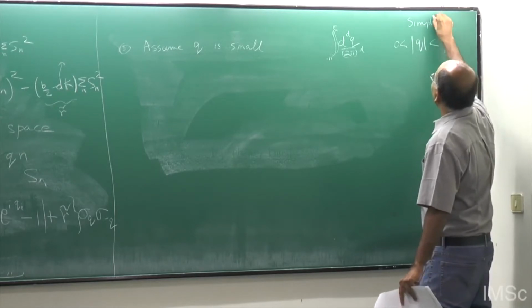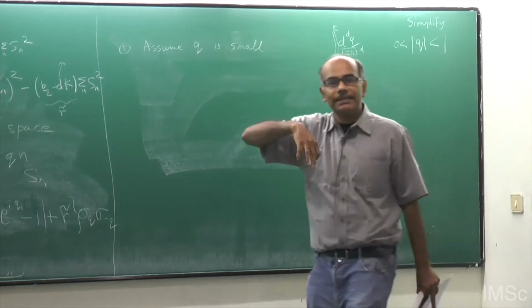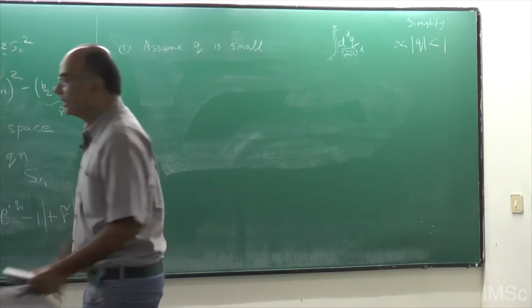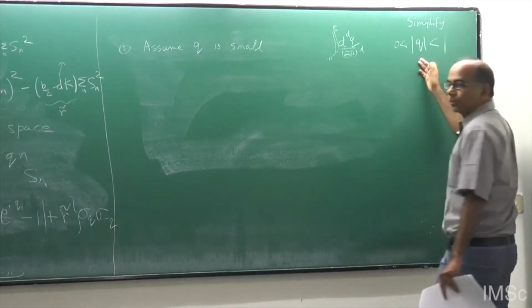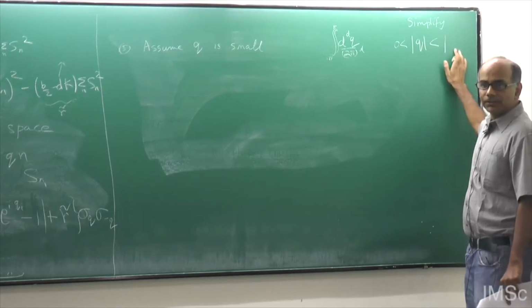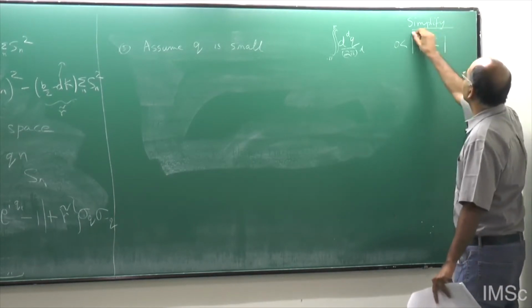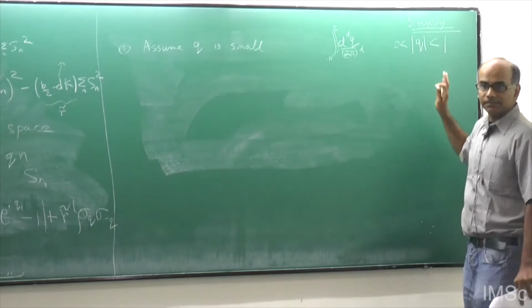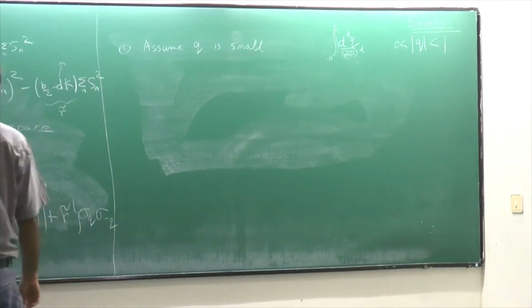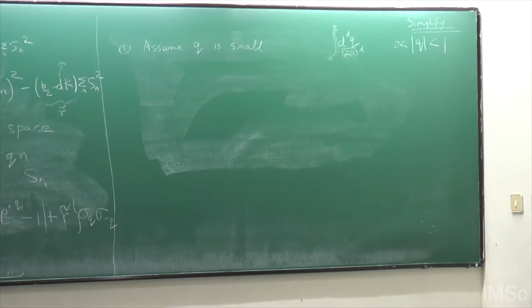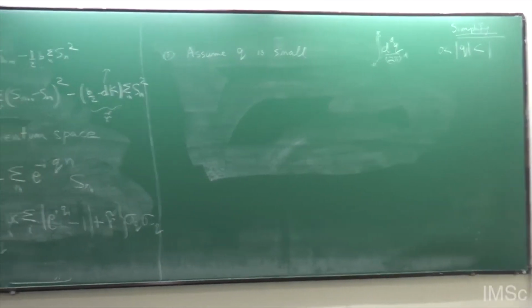All these things are not very essential. I mean, you can put back the pi's and all that. But just to make life simple, if you want, you can think of this as redefining your Q. But let's just say 0 is less than Q is less than 1. Just a simplifying assumption. There's no physics in this. Just to keep the calculations and algebra simple. Because we're going to make a lot of simplifying assumptions to simplify the algebra. The final results don't really depend on all those details.